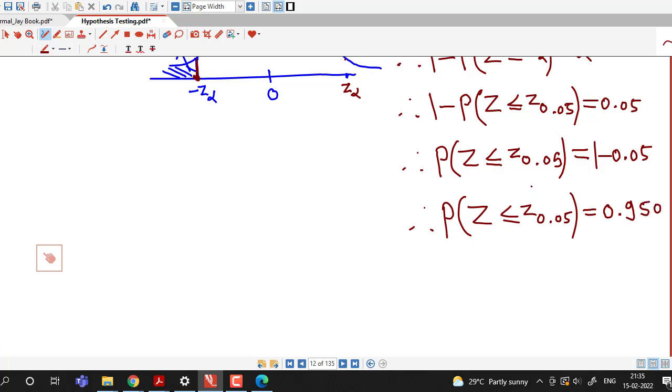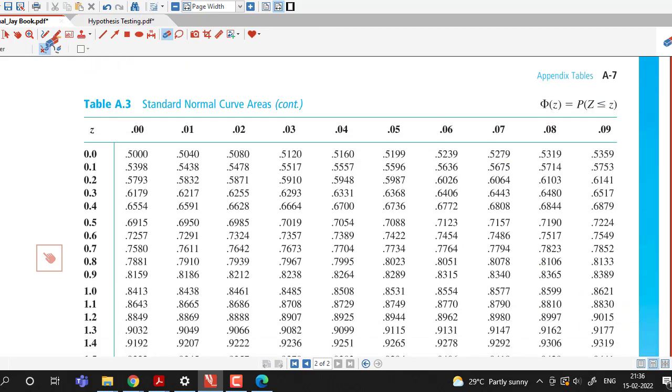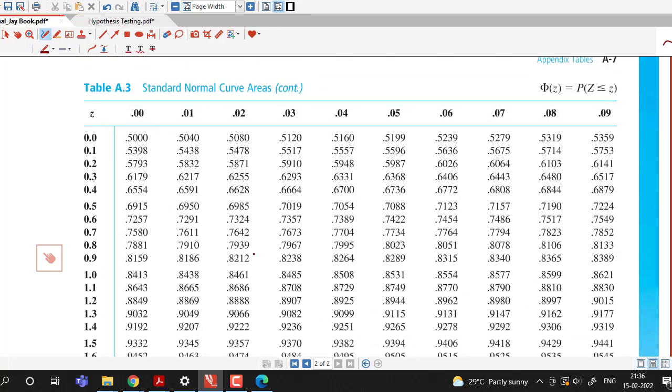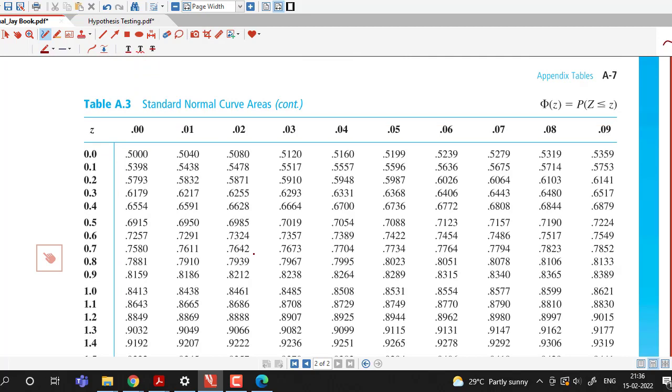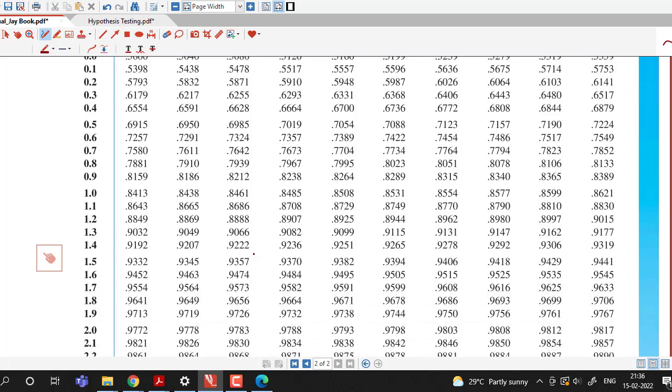So from the table of cumulative standard probability, we will find the value of z suffix 0.05 such that this probability is 0.95, or the area under the normal curve is 0.950. So for that we find this area 0.950 in the cumulative standard probability table. In this table we search for 0.95, and if we don't obtain 0.95, we will search for the area which is approximately equal to 0.95.